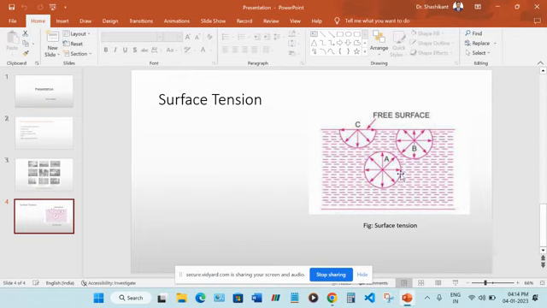Here we see molecule A is in a balanced position because the forces from the molecules on the upper and lower sides are equal.